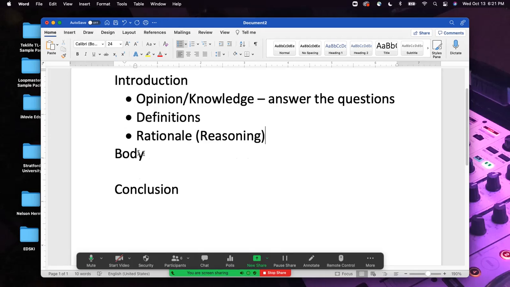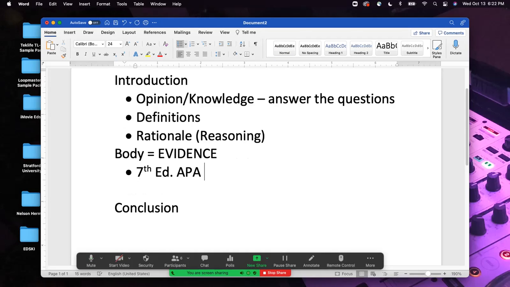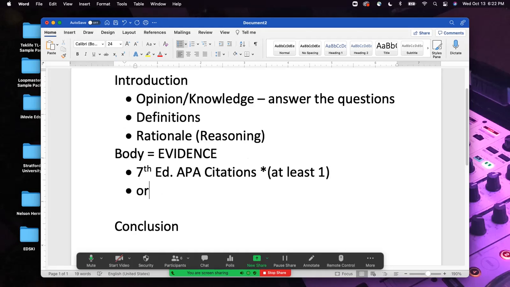Now, one of the most important parts of your submission is the body, because that's where we have evidence in the form of 7th edition APA citations, at least one. So according to the National Institute of Health, right, it could be a .org, it could be a .gov, or it could be a .edu, right?